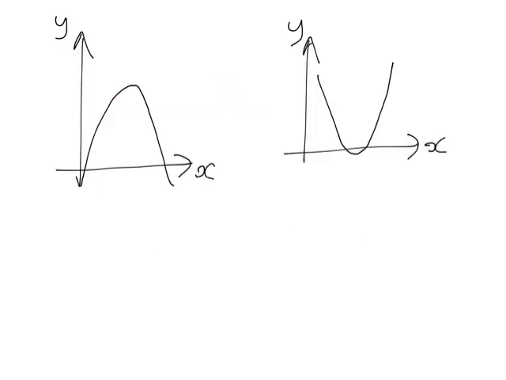Now we have some different types of stationary points. On the left hand side here, we've got a point which we call a maximum. As we can see, this is the maximum value of y for any value of x. We sometimes refer to this as a local maximum.